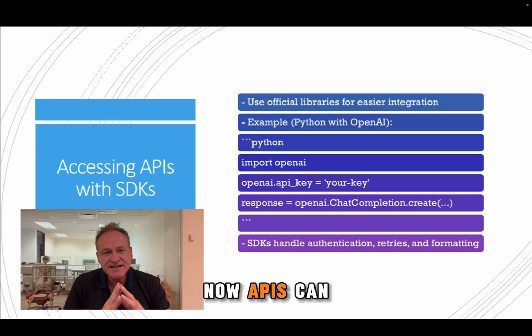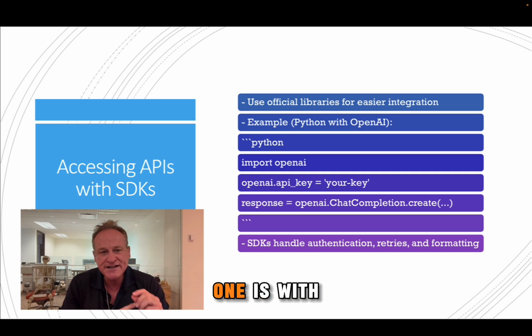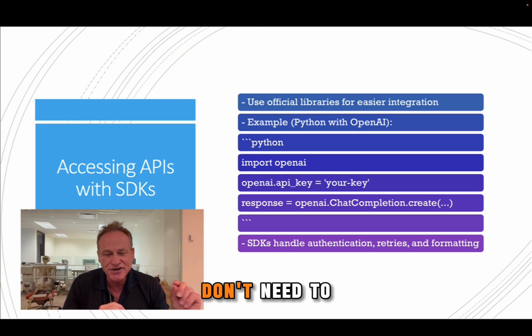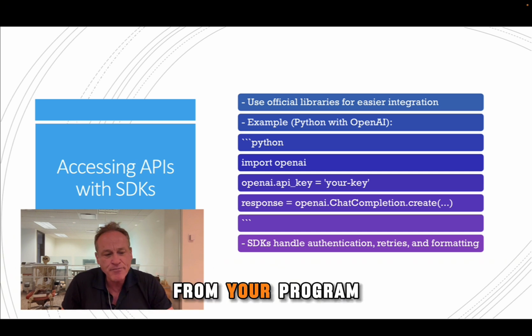Now, APIs can be accessed in a couple of ways. One is with a software development kit, and SDKs make things really easy because then you don't need to know how the API actually works, or even the format of the interface from your program.